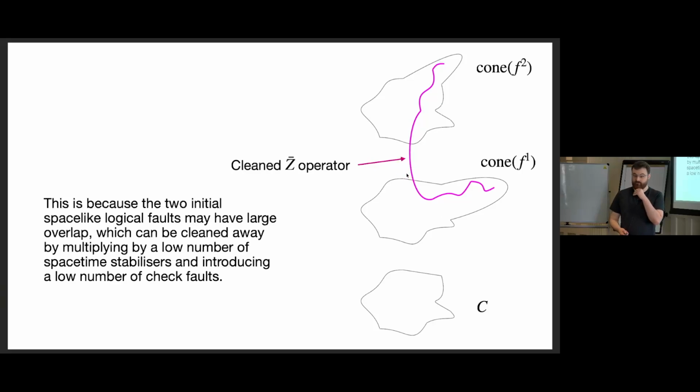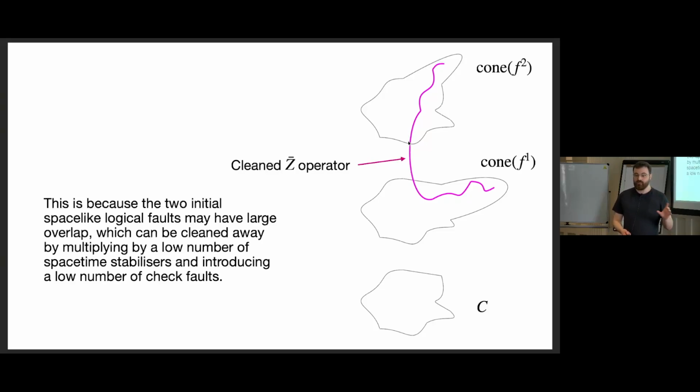And so if I clean by multiplying by the space-time stabilizers generated by those checks, then I can make a logical fault which is much lower weight than the logical faults which are purely separated into their individual deformed codes.